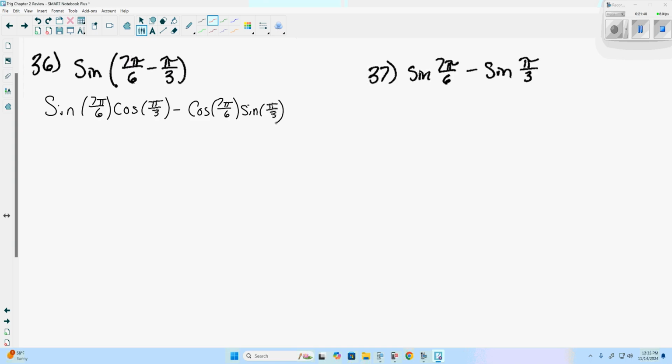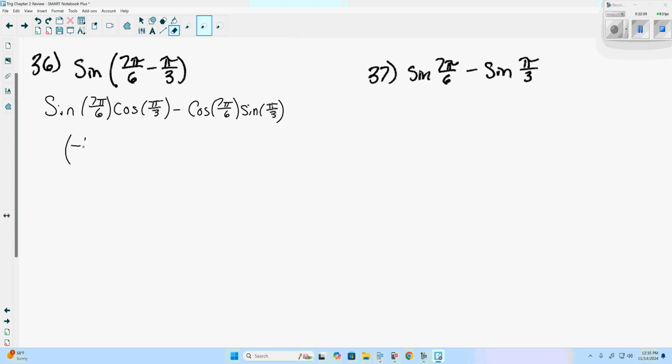So we'd be using the difference formula, not distance formula, difference formula. And then we can reference the reference sheet and see that sine of 7 pi over 6 is negative square root 2. Sorry, not square root 2. I'm looking at the wrong one.